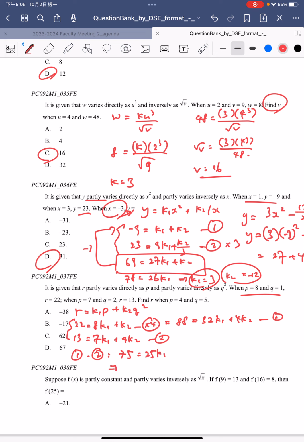So which means that the k1 is equal to 3. Then we substitute back into this equation. Then we can say that 22 equal to 8 times 3 plus k2. So the k2 is actually equal to 3 times 8 is 24. So 22 minus 24 gives you negative 2.